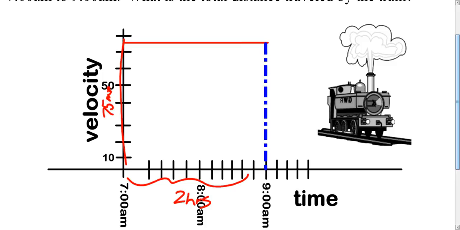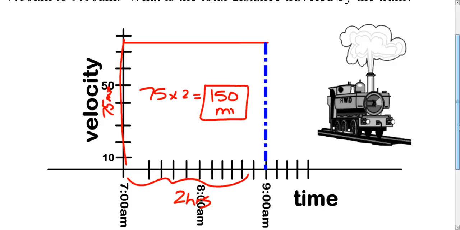And if I find the area inside this box, I have 75 times 2, which is 150, which of course is the distance we knew the train went, 150 miles. I found that by actually using area. I can use my algebraic formulas, but I can also use area to think about it geometrically. So pretty easy if an object is moving at a steady speed.